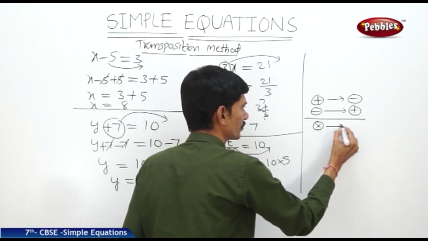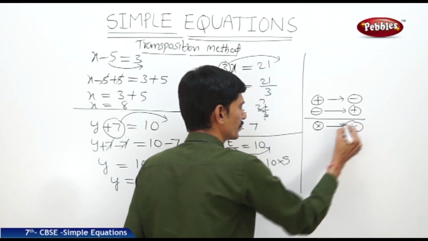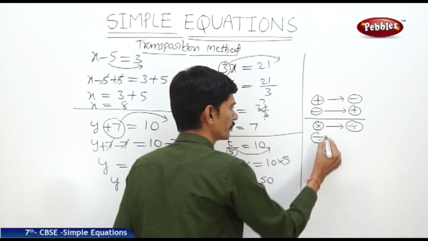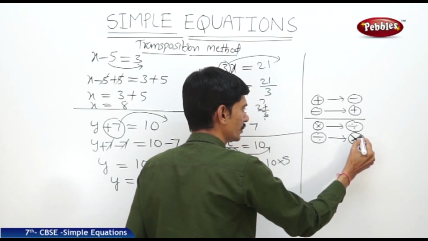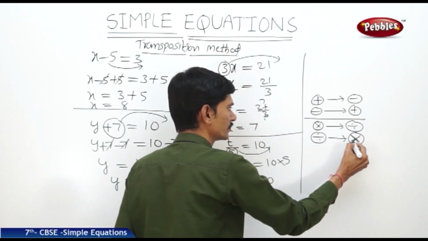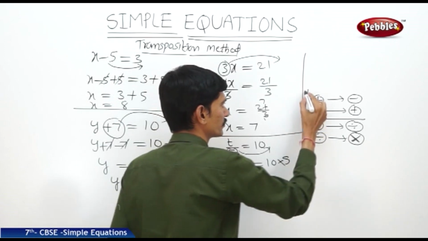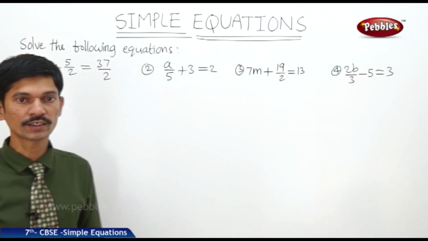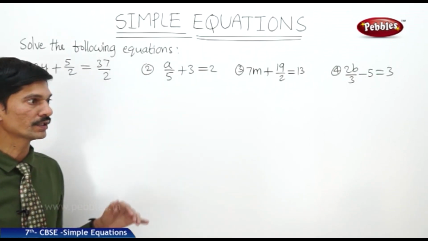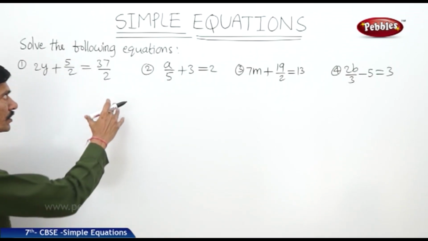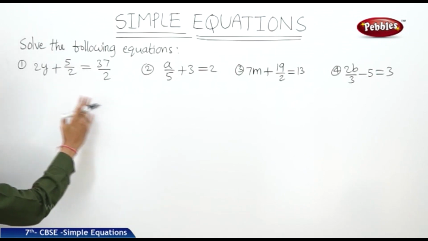Multiplication becomes division, and division becomes multiplication. This will be easier for us to solve the equations. Now we have discussed how to solve simple equations using the transposition method. Now let us solve the following equations using the transposition method.